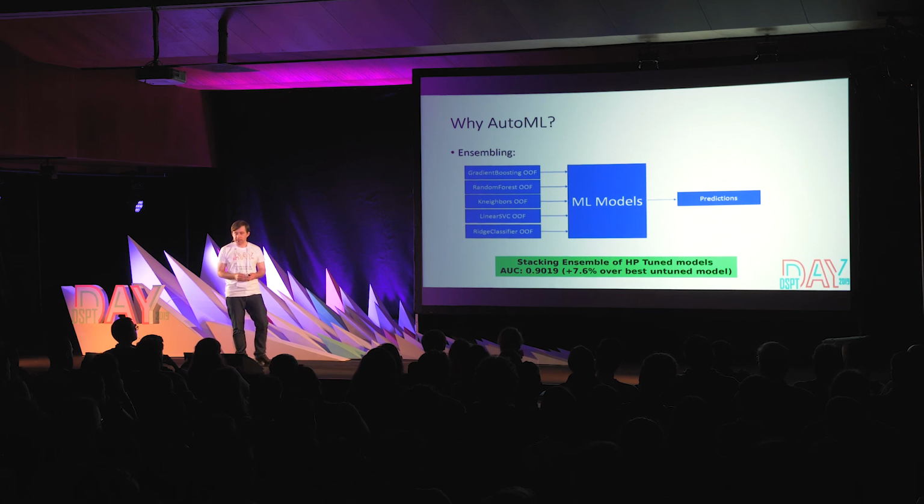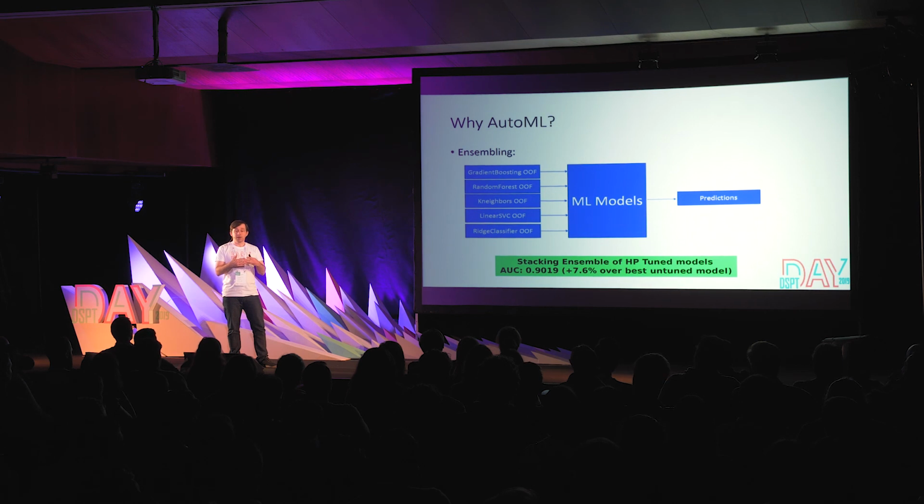Another reason to use autoML is ensembling. autoML can build several hundreds, thousands of models for you automatically. autoML works by building a lot of experiments. Each model from the beginning to the end can be considered one experiment. And once you have hundreds, thousands of experiments, how do you combine those models in order to improve the accuracy of the final model, the final solution, right? autoML can do it automatically for you.